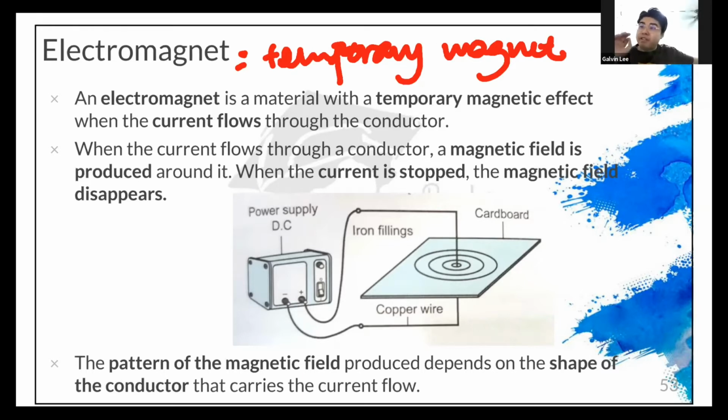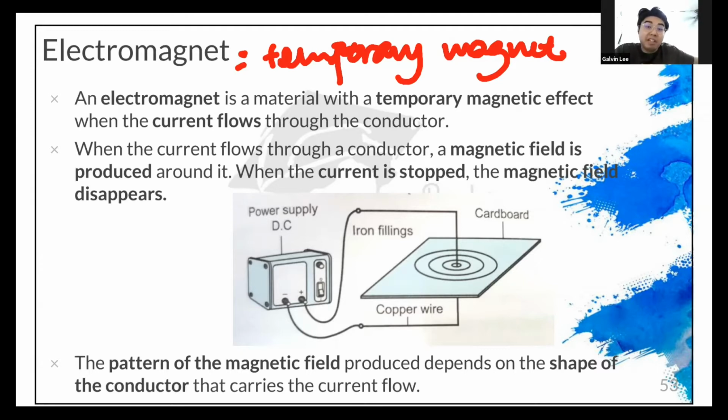Whenever we recycle aluminium cans, cars, or computer parts, how do you carry these metals in the factory? You will use an electromagnet. It's a very, very strong magnet. The best thing is you can turn it on and off whenever you want.